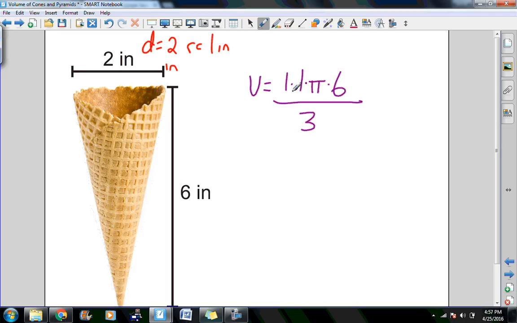In this case, 1 times pi is pi. Pi times 6 is equal to about 18.8400. We're going to divide by 3. 18.8400 divided by 3 is equal to 6.2800, and this is going to be in cubic inches because we're searching for volume. So that is two shapes now that we've worked with.